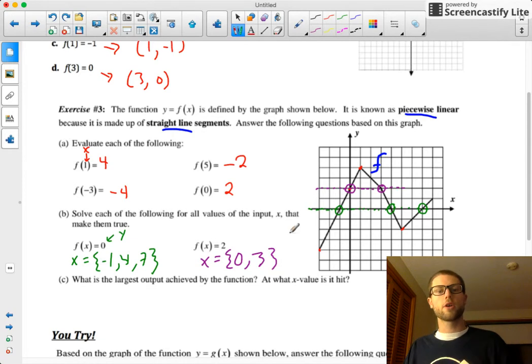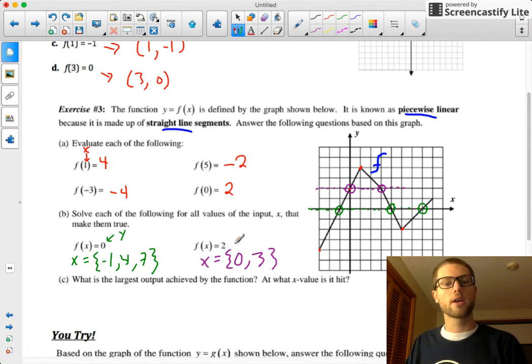So these are a little bit trickier. Remember, it's okay to have multiple inputs that produce the same output, as long as I don't have multiple outputs from the same input. So this is all okay here. This is still good. And you can notice our graph passes the vertical line test.